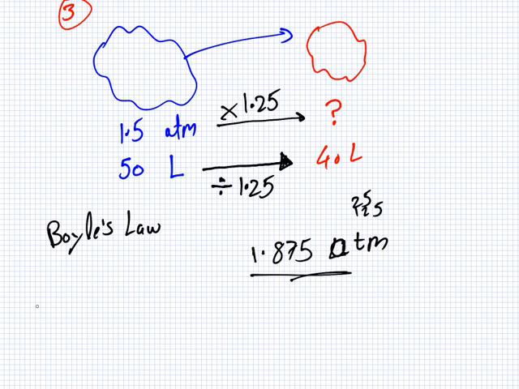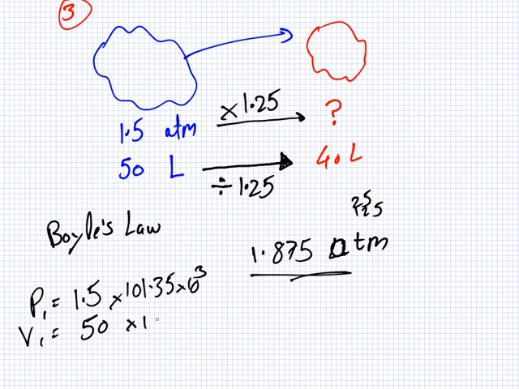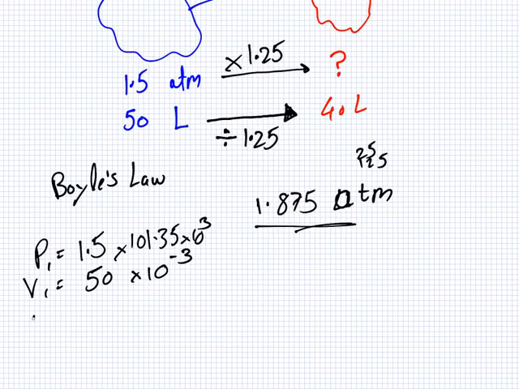So here in the first picture, what's the pressure? It's 1.5 atmospheres. Now you'll need to change this into Pascal, so that's 101.35, isn't it? And the volume, you need to change that into meters cubed. What's that, 10 to the minus 3? The N you don't know.